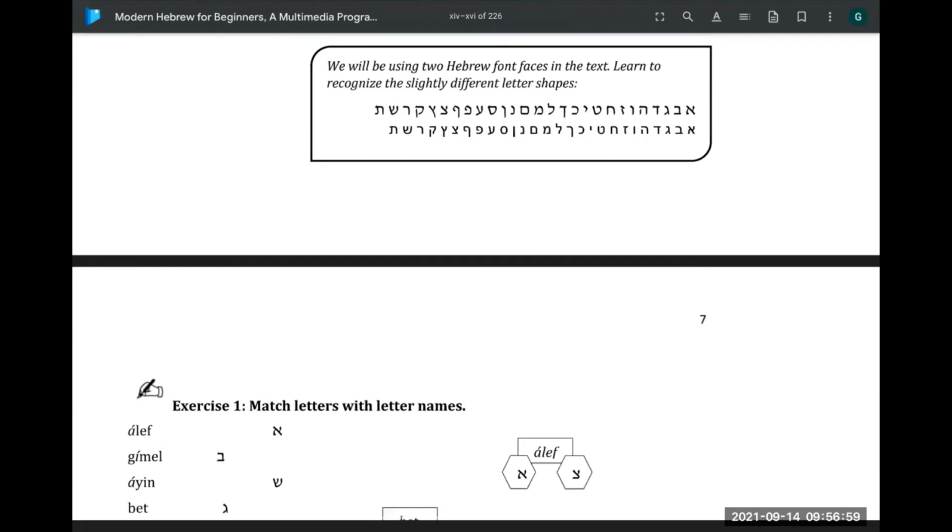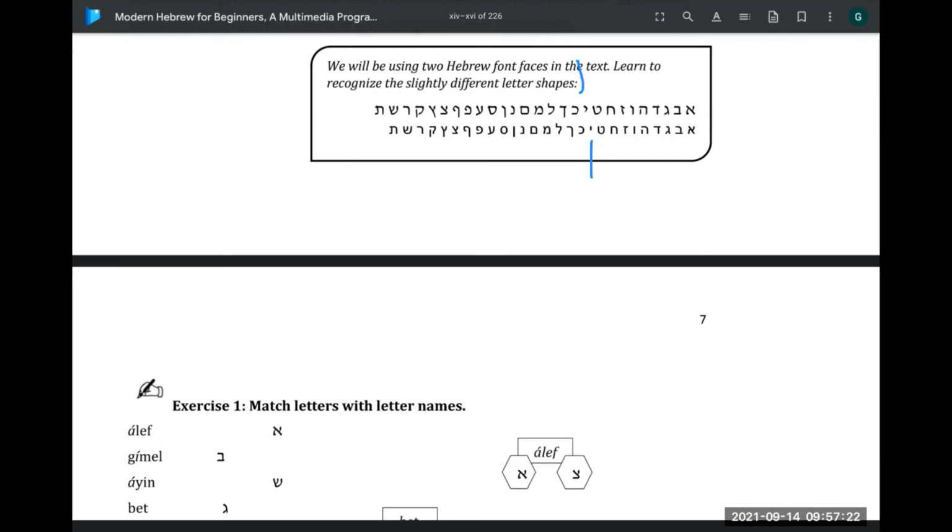Okay, so there's just a couple of slight differences here between these texts here. And notice this one's a little more ornate than this. These are both yod. And this is more of an ornate yod.